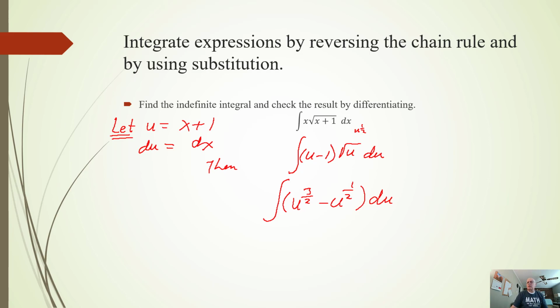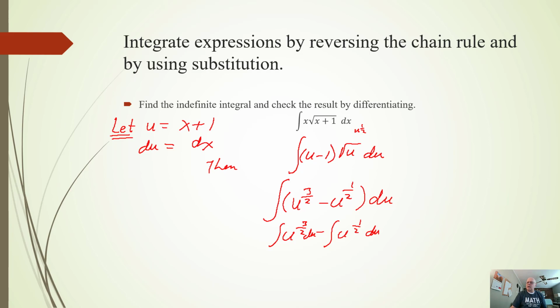Now remember, we can split this up just as we did with differentiation. So we can make this the integral of u to 3/2 minus the integral of u to the 1/2. And we've got du's with both of those. Now we can just use the power rule.